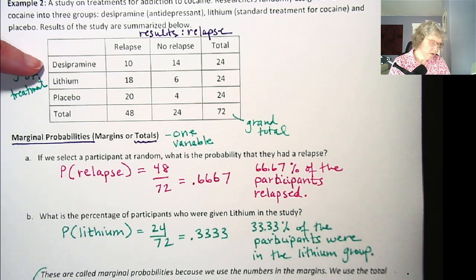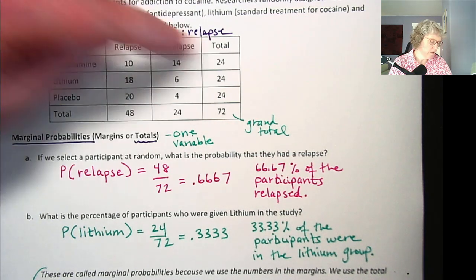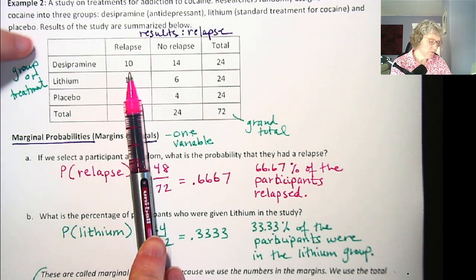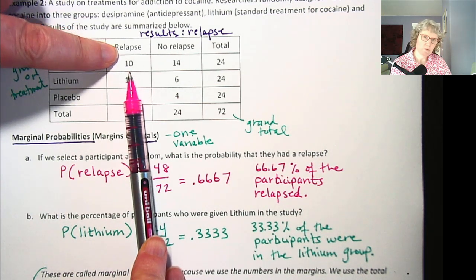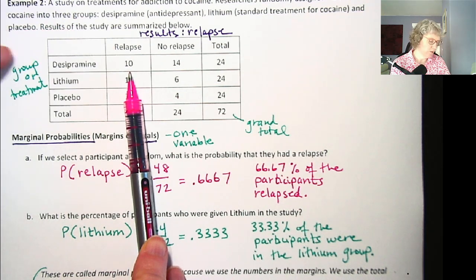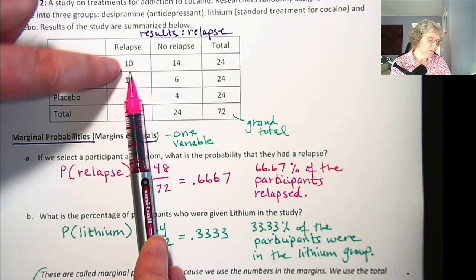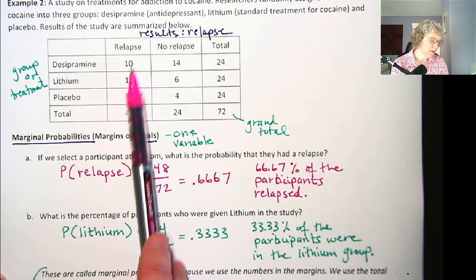Look at who took desipramine and had a relapse. How many people? So that is an intersection of a row and a column, right? Because we have one category from each variable. And it's "and," meaning they have to have both.